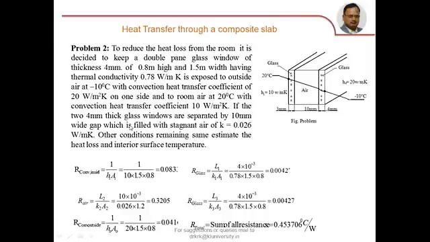If the two 4 mm thick glass windows are separated by a 10 mm wide gap, which is filled with stagnant air having thermal conductivity 0.026 watt per meter Kelvin, and other conditions remaining the same, estimate the heat loss and interior surface temperatures.